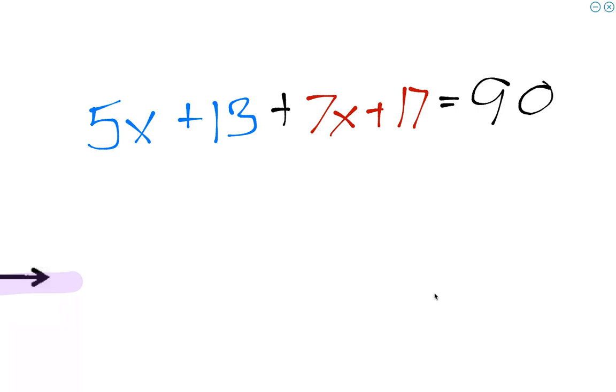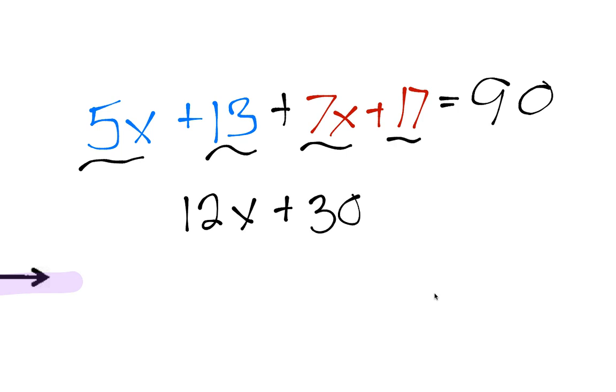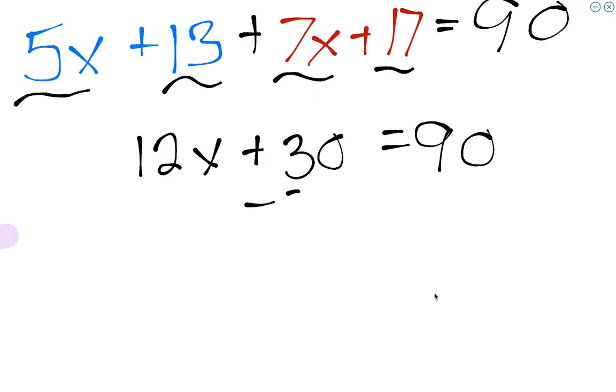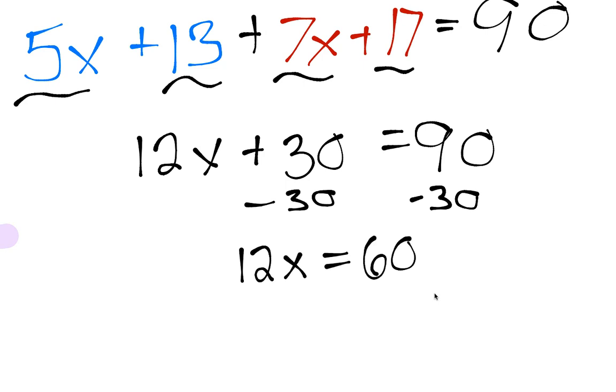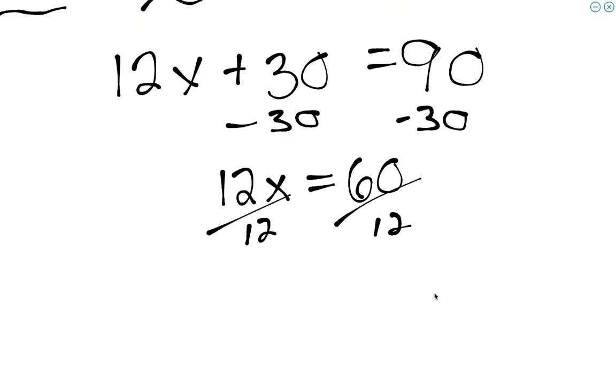That's 12x plus 30. That's 12x equals 60. It's x equals 5.